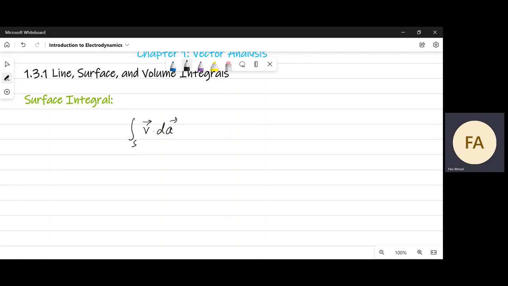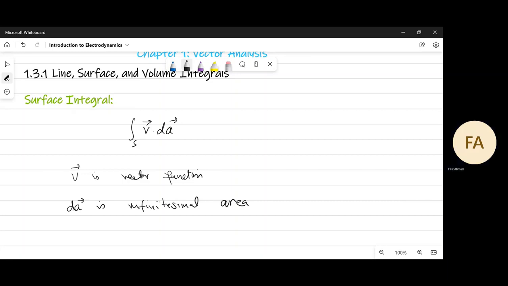Again, V is a vector function and dA is an infinitesimal area. In the line integral, we use an infinitesimal displacement, but for the surface integral, we need an infinitesimal area.